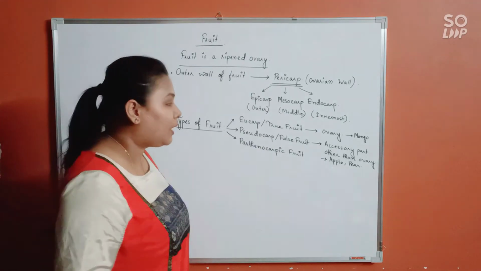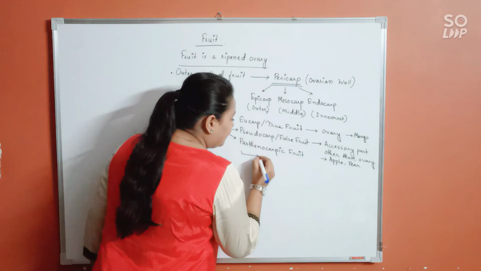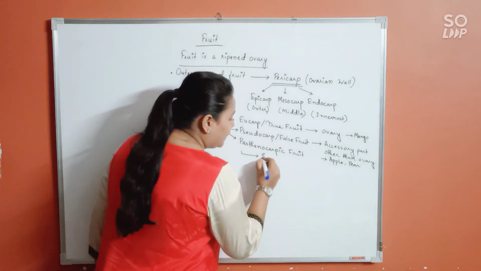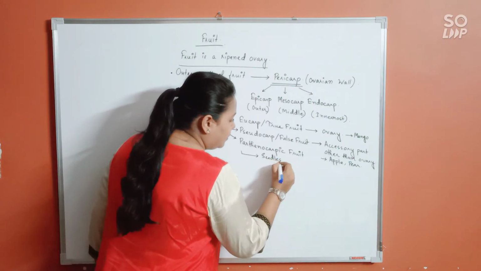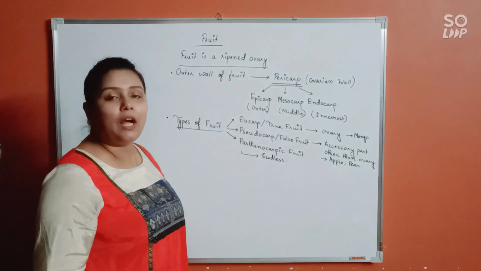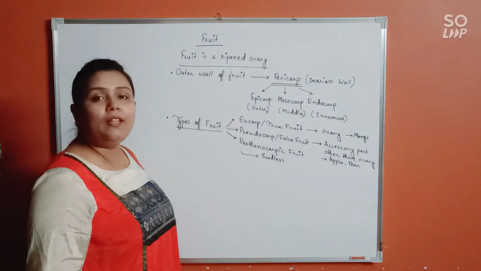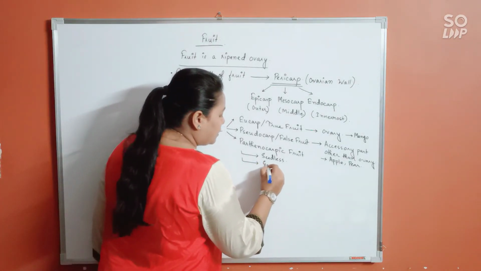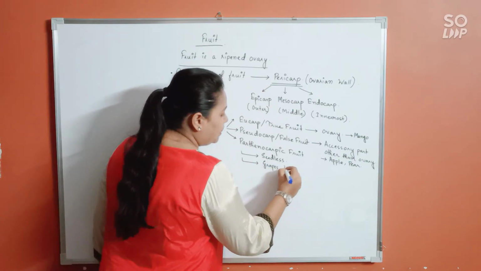In that case, parthenocarpic fruits are seedless because they are going to be born without fertilization. That's why they are seedless. Examples can be grapes or banana.